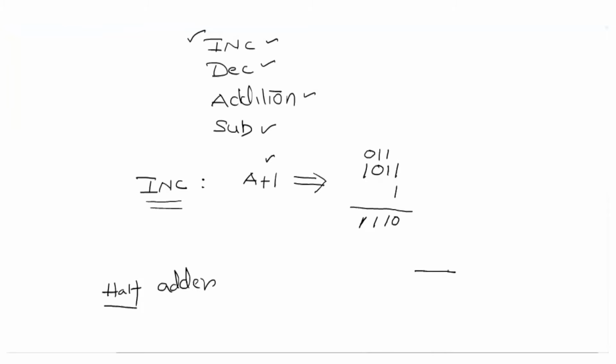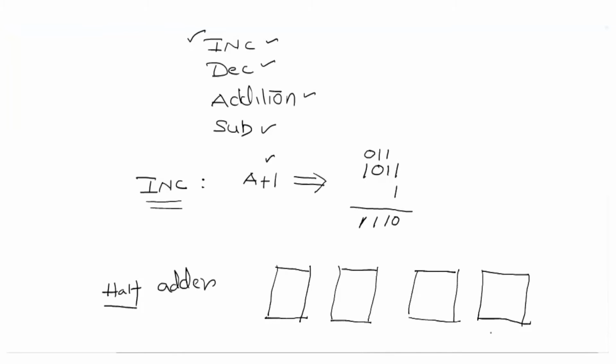Let us have a look. This is the first half adder. This is the second half adder. This is the third one. I will draw the fourth one here. This is the fourth half adder. Now, all these half adders will get 2 inputs. The first half adder is the one which adds the least significant bits.